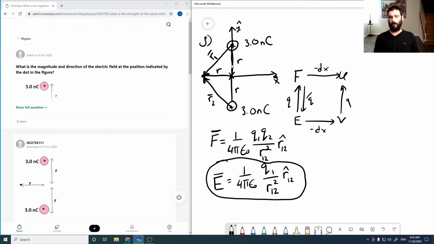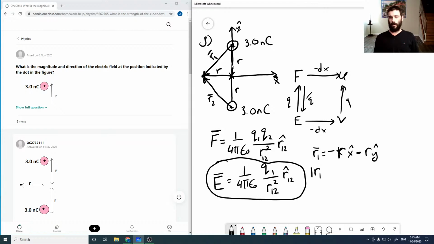Okay, so R1 is, looking at it from the positive charge, minus R in the y hat, minus R in the x hat. So minus R x hat, minus R y hat.